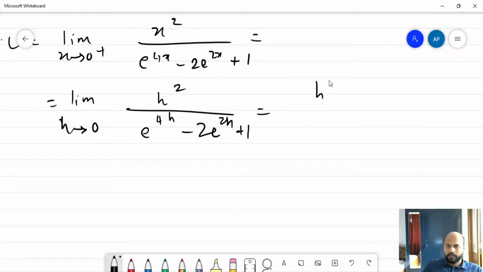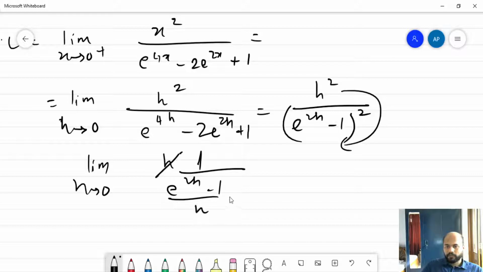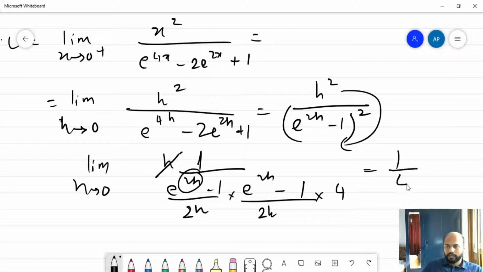This would be h square by e raised to 2h minus 1 the whole square. So overall, if we take this h down, then we are going to get limit h tending to 0 of 1 by e raised to 2h minus 1 by h into e raised to 2h minus 1 by h. Whatever is there over here, that same thing should be there at the denominator. So we're going to put 4. We'll get 1 by 4.